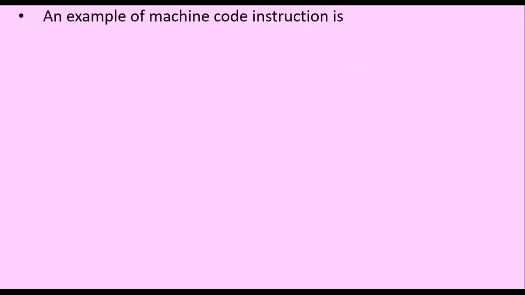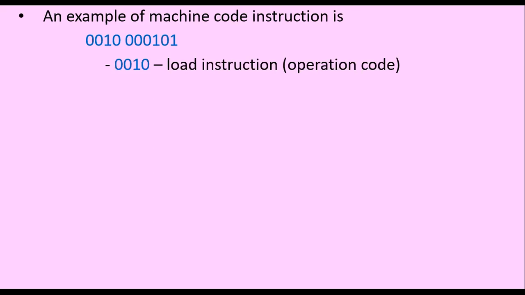An example of a machine code instruction is as follows: 0, 0, 1, 0, 0, 0, 0, 1, 0, 1. 0, 0, 1, 0 means load instruction, and we refer to that as an operation code, while 0, 0, 0, 1, 0, 1 is the address of what we are calling the operand.